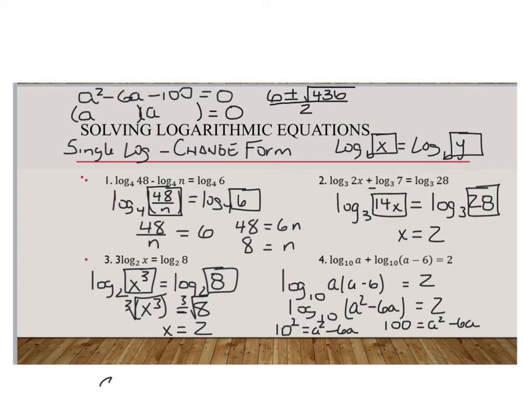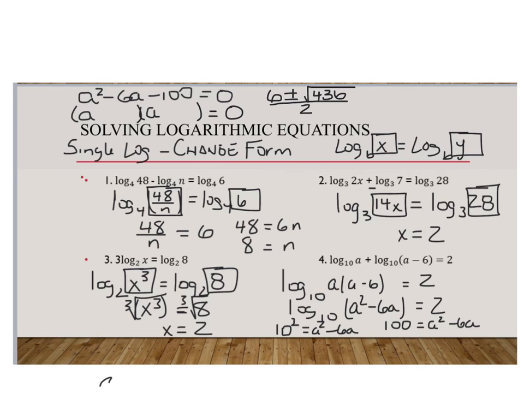Now, using my calculator, I'm going to go parentheses 6 plus the square root of 436, close those parentheses and divide by 2.